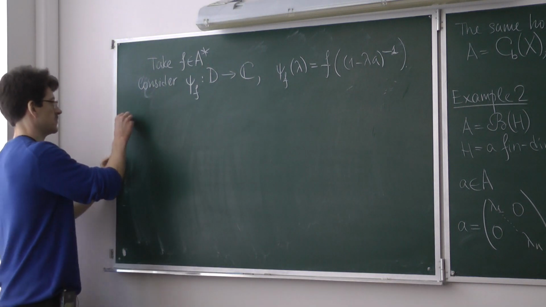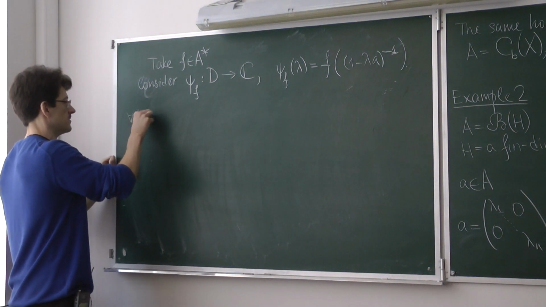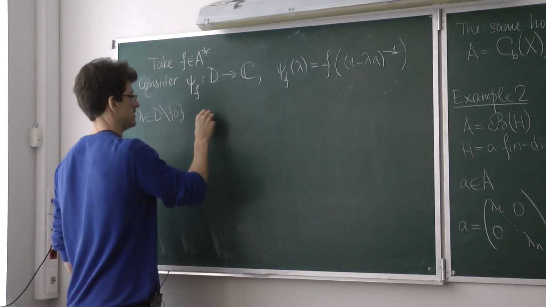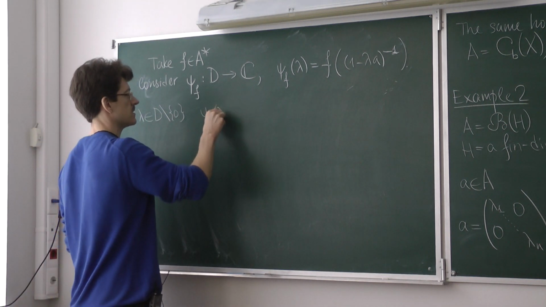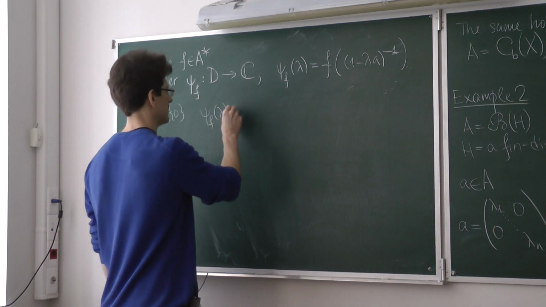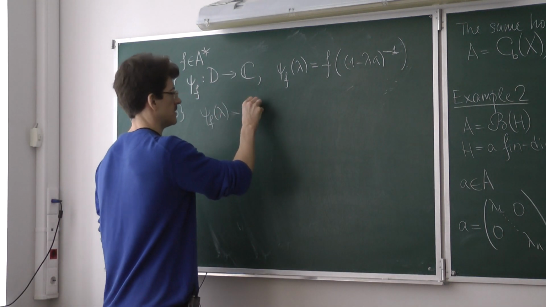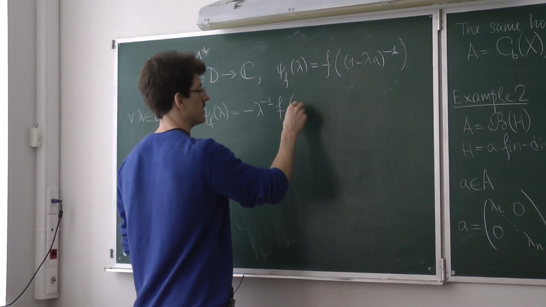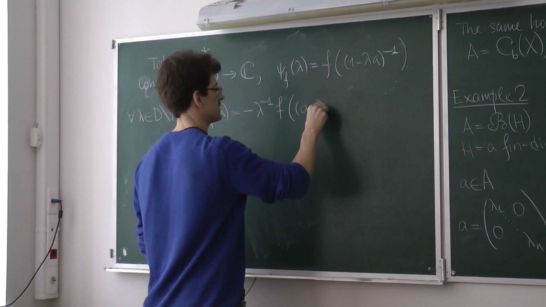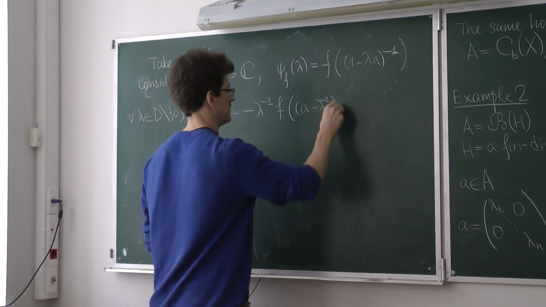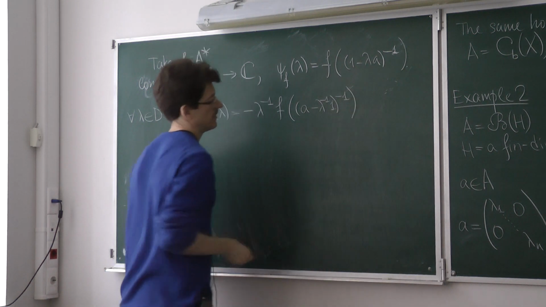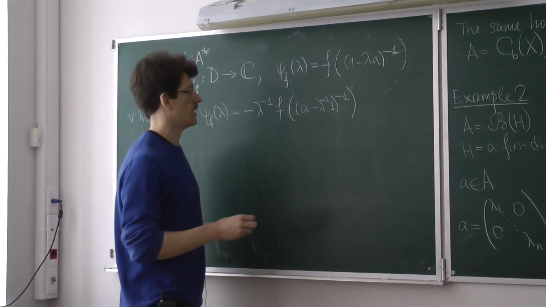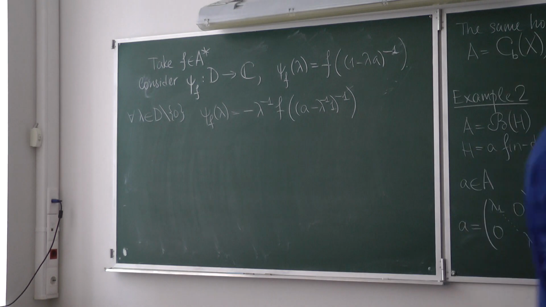If you take any non-zero number lambda in the disk, then we can write this function in the following way: minus lambda inverse, and here we apply f to a minus lambda inverse, and then take the inverse. This is well defined because lambda is in our disk.